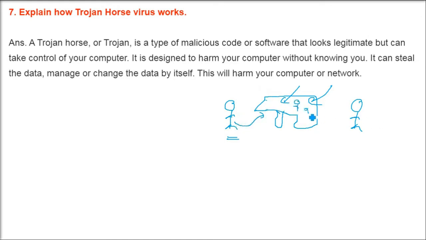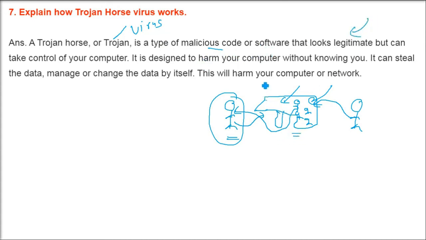Inside this horse, there were soldiers who were ready to attack the other king and their people. So now this Trojan horse is a virus, a malicious code, a software that would look like a legitimate, friendly computer program or app.